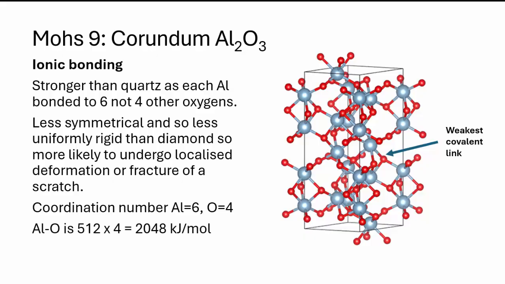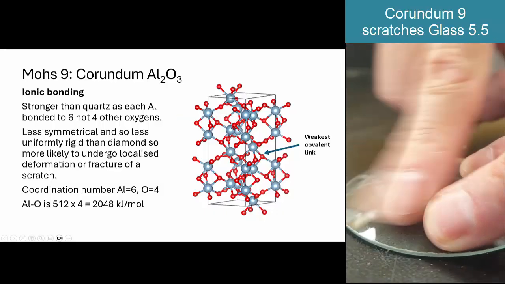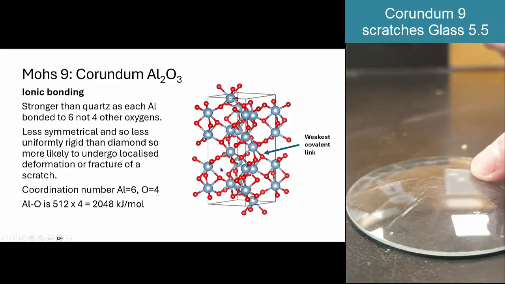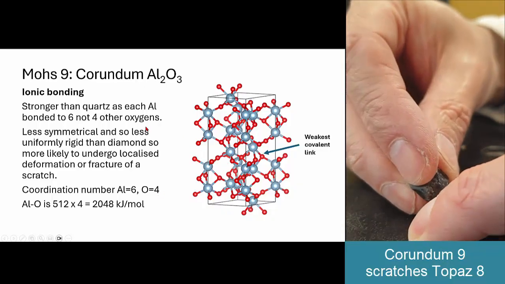Now, very similar to silicon dioxide and diamond is the one that's second highest, the 9 value, corundum. Now, this one is similar to silicon dioxide in that it has 2 different elements there, so it's not as good as diamond, but it's stronger than quartz in that it's got coordination of 6 and then 4 for the other. So it's got extra bonding in there, so that the ionic and covalent bonds are reasonably similar.